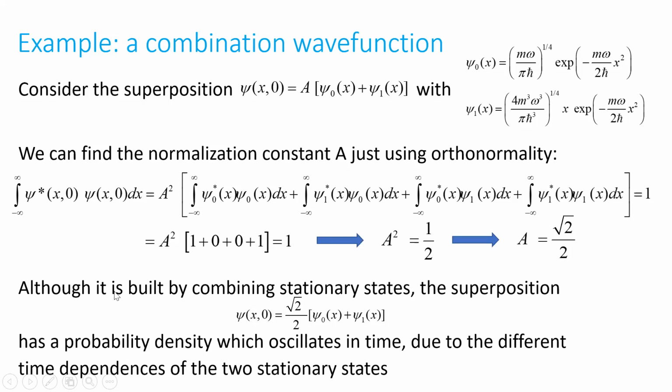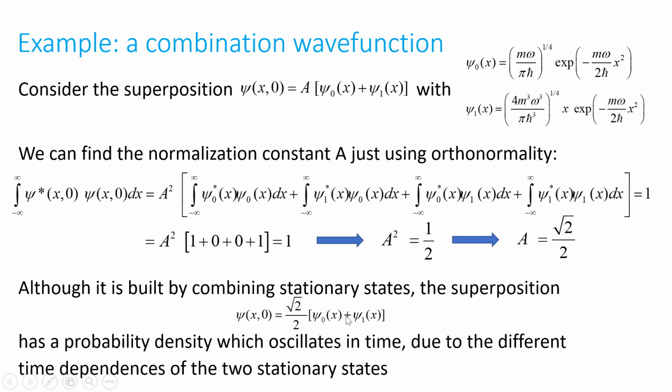The interesting thing is that although this superposition was built by combining stationary states, because psi 0 and psi 1 are stationary states of the harmonic oscillator whose probability densities don't evolve in time, it turns out the superposition has a probability density which does oscillate in time, and that's due to the different time dependencies of the two stationary states.